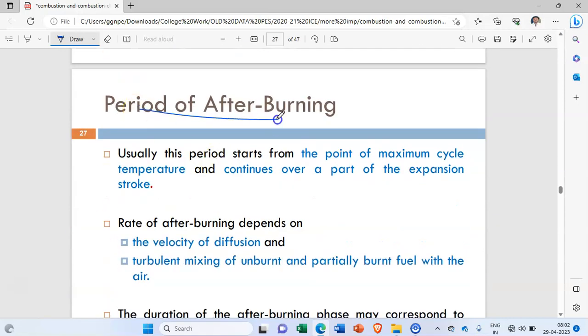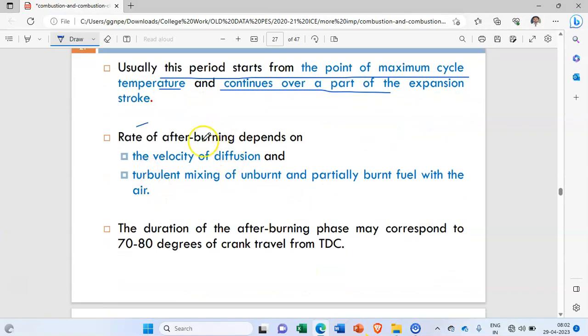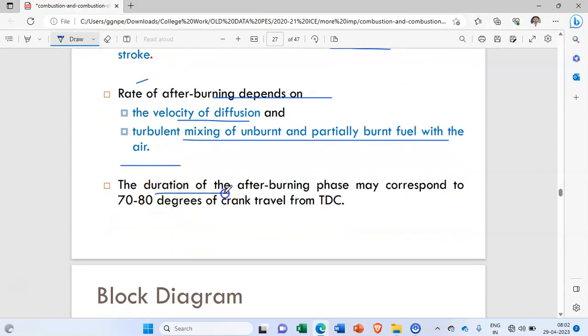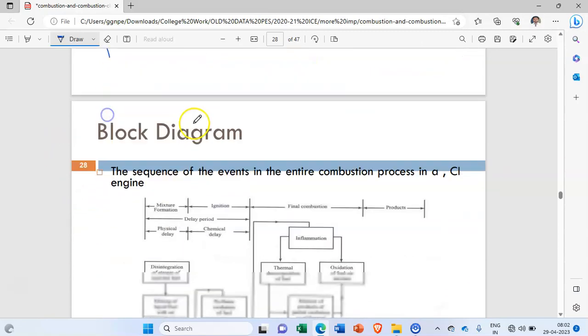Usually this period starts from the point of maximum cycle temperature and continues over a part of the expansion stroke. The rate of afterburning depends upon the velocity of diffusion and turbulent mixing of the unburned and partially burned fuel with the air. The duration of the afterburning phase may correspond to 70 to 80 degrees of crank travel after TDC. Okay, so remember, this is the afterburning.